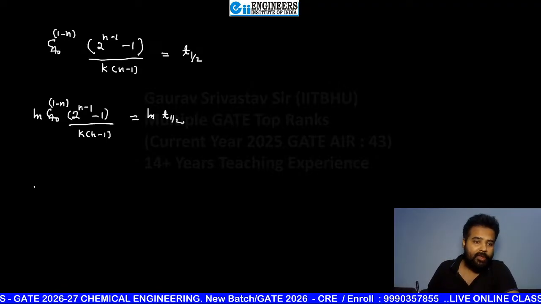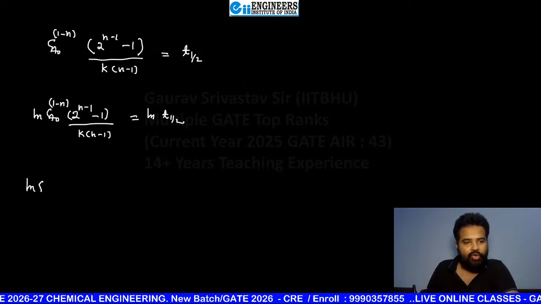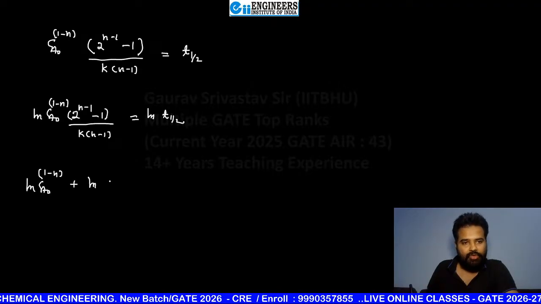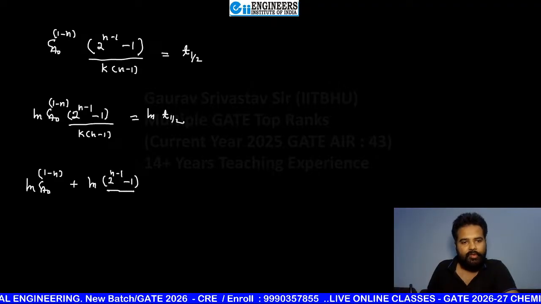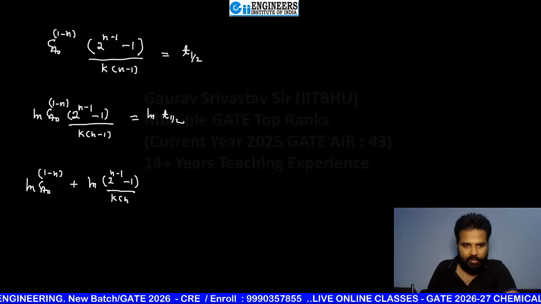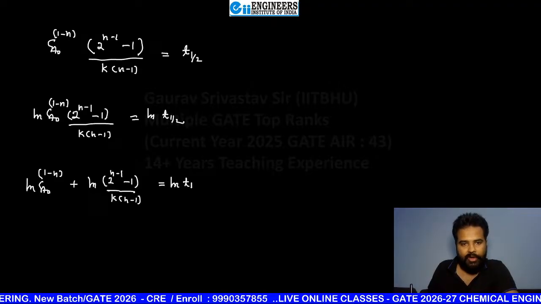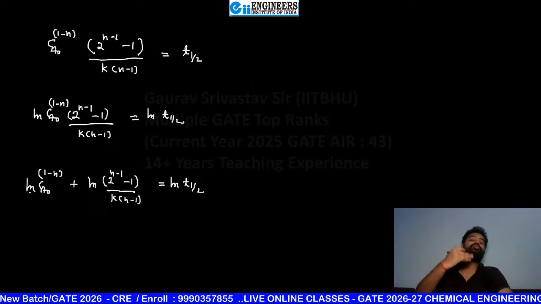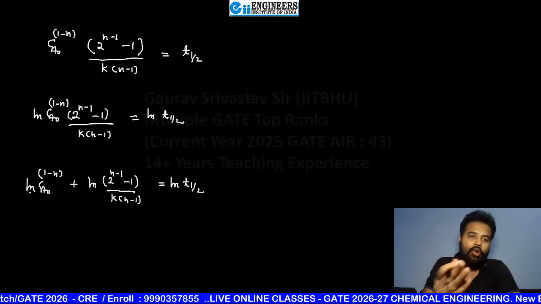Log ab can be written as log a plus log b. So again you can write ln of C naught raised to power 1 minus n plus ln of 2 raised to power n minus 1 upon k n minus 1 equals to ln of t 1 by 2. Now again, log a raised to power b can be written as b log a.